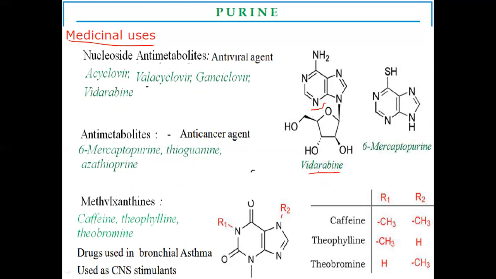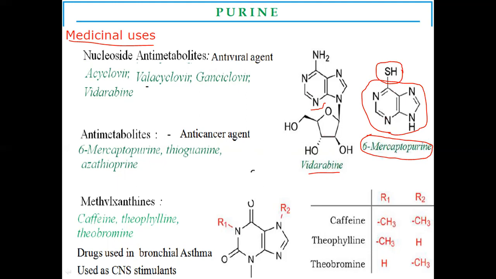Sorry, this is the structure of 6-mercaptopurine, which is an example. In this purine structure, a 6-mercapto group is present on the purine.